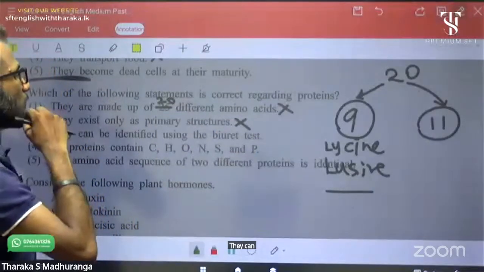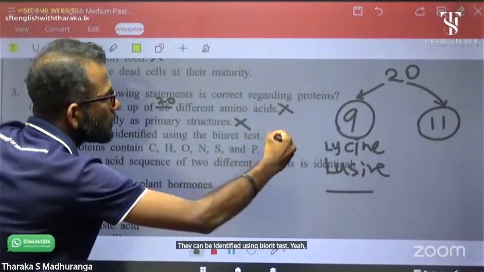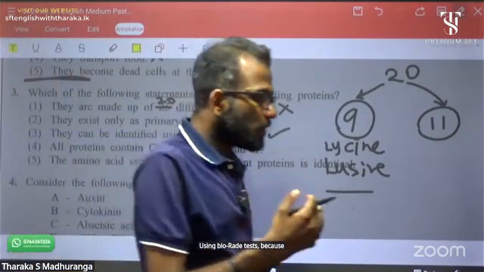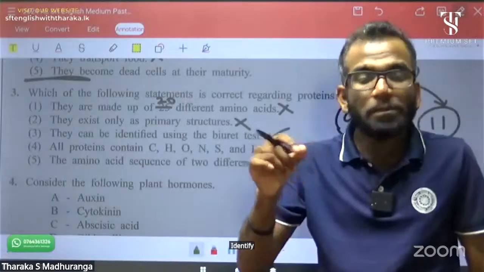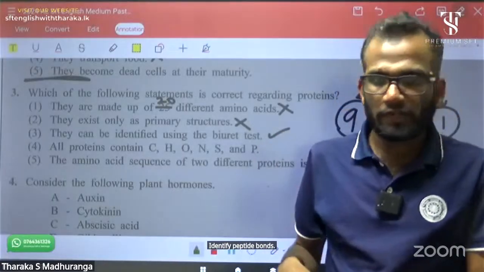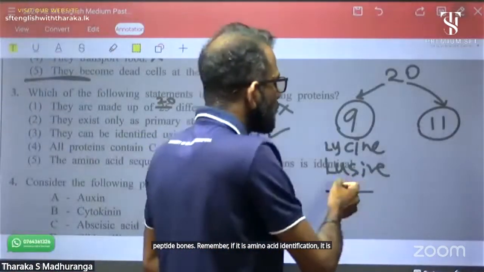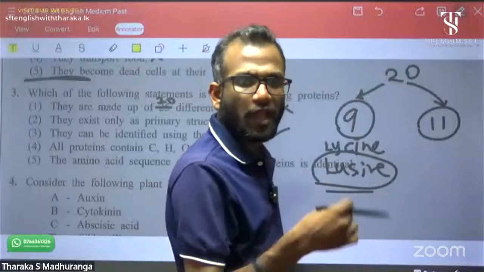They can be identified using the biuret test. Yeah, proteins we can identify using the biuret test, because the biuret test identifies peptide bonds. Remember, if it is amino acid identification, it is the ninhydrin test.